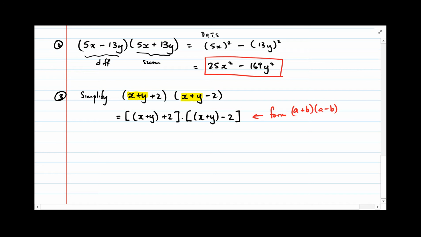So I'm going to use the property of the difference of two squares. Right? So it's the first term squared, which is x plus y all squared, minus the second term squared. So my a is really this x plus y, and my b is the 2.